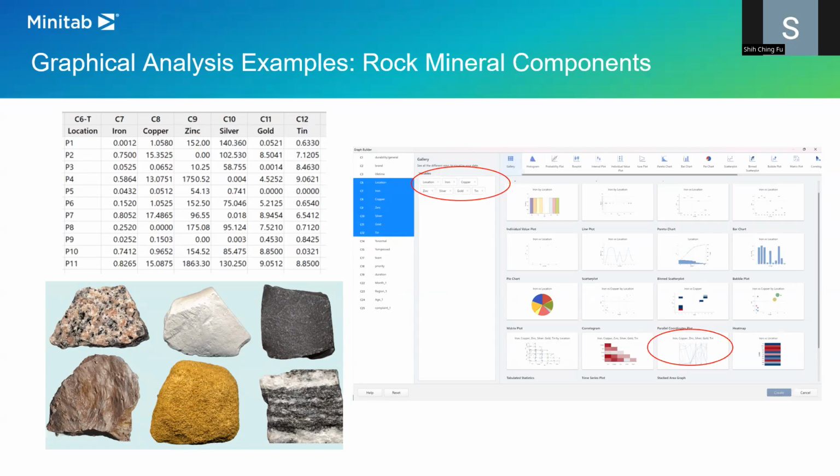So we collect rocks from different locations, right? So it's a different type of rocks, or we try to do some mineral process. So the data just represent different locations from 1 to 11.